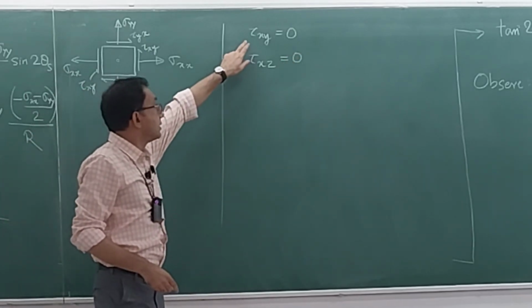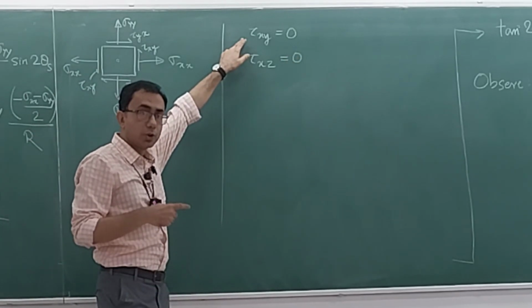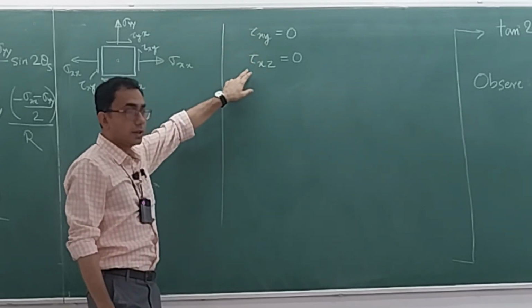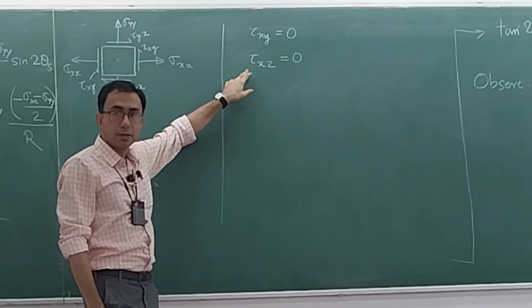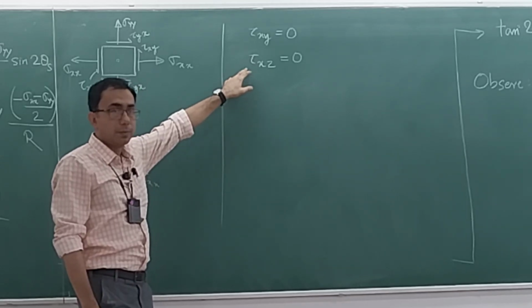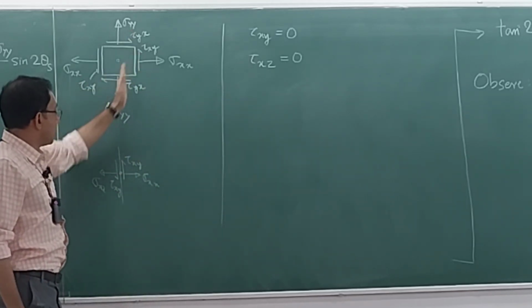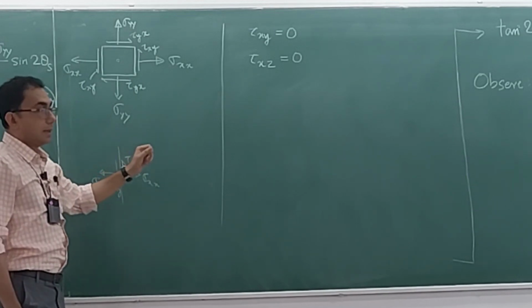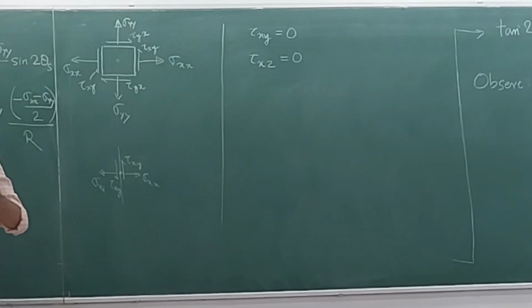So this is given, tau xy is equal to 0, and by the plane stress condition, we know that tau xz is automatically 0. Now what is happening? Look at this plane, and tell me what the physical situation is now. Isn't it a condition where all the shear stresses are 0? Tau xy is 0, tau xz is 0.